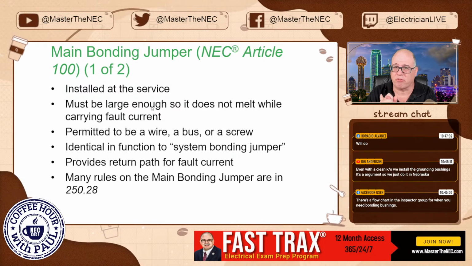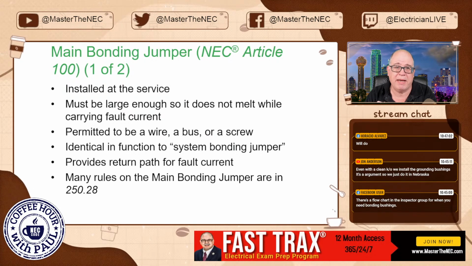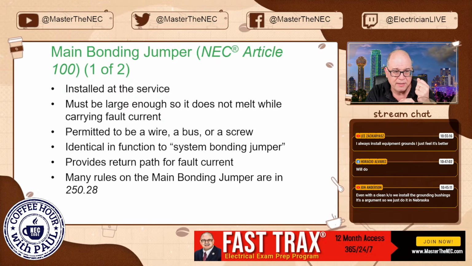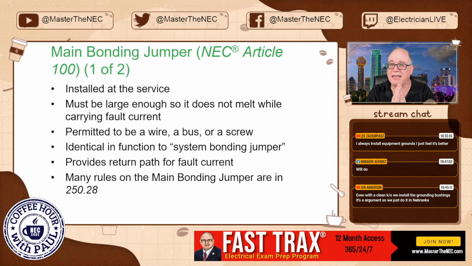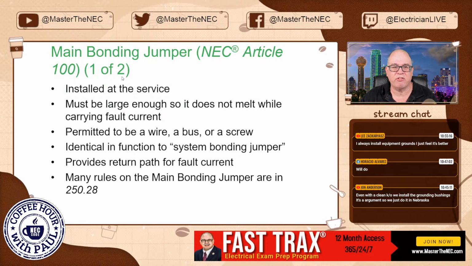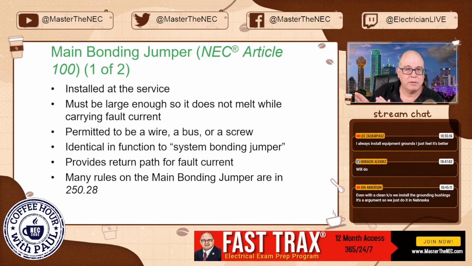Now, this could be a green screw that's supplied by the manufacturer. Could be a properly sized main bonding jumper like we saw in that image earlier, where you size the conductor properly, okay? So at the end of the day, it's vital. Now, the main bonding jumper never takes place at a remote distribution panel.